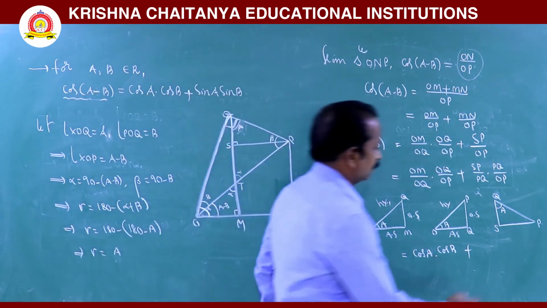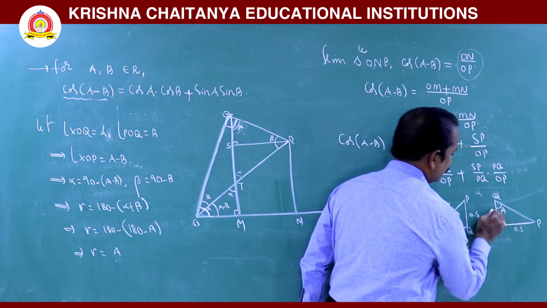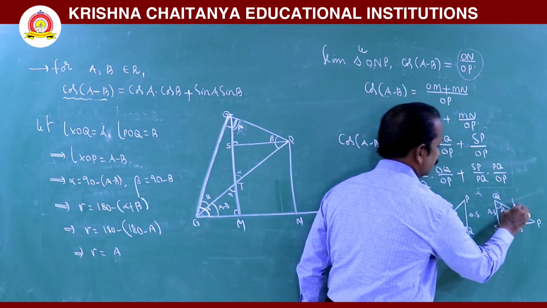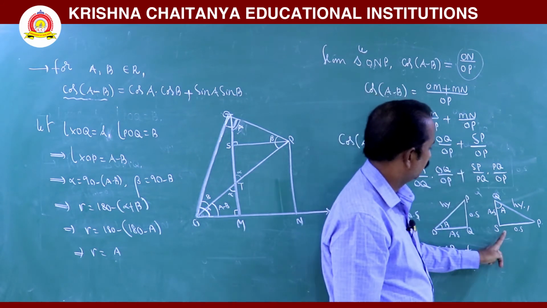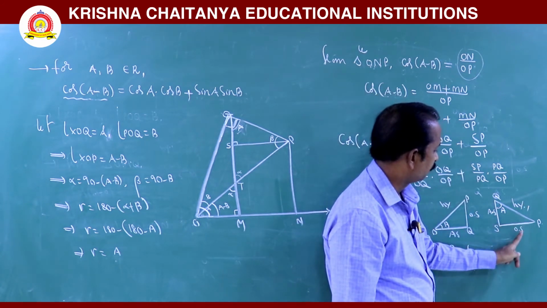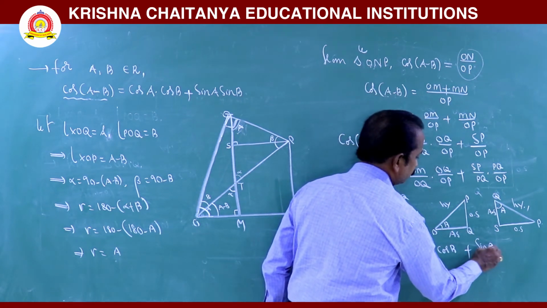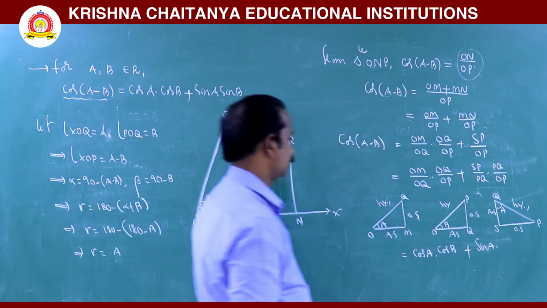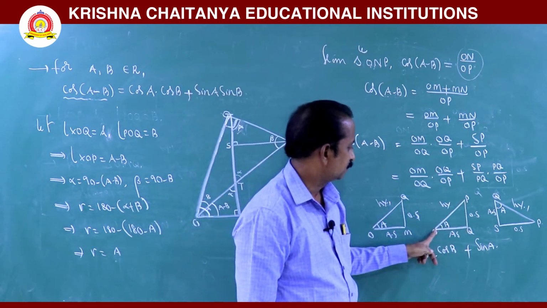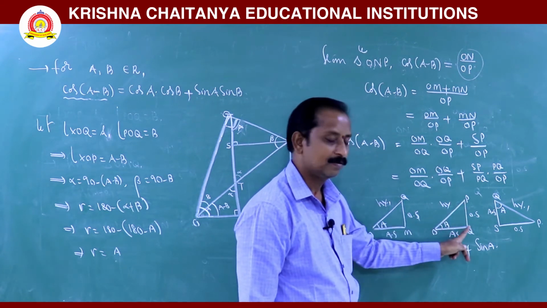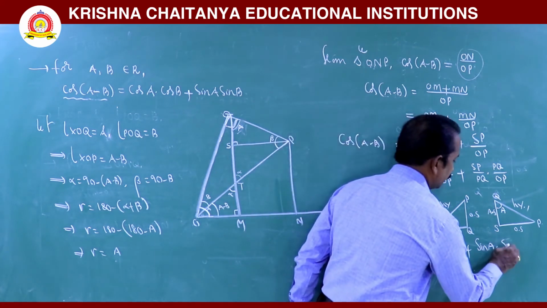So this is the opposite side, this is the adjacent side, and this is the hypotenuse. SP by PQ, opposite side by hypotenuse, gives us sin A, into PQ by OP. This is PQ, this is OP. So from triangle OQP it gives us sin B.